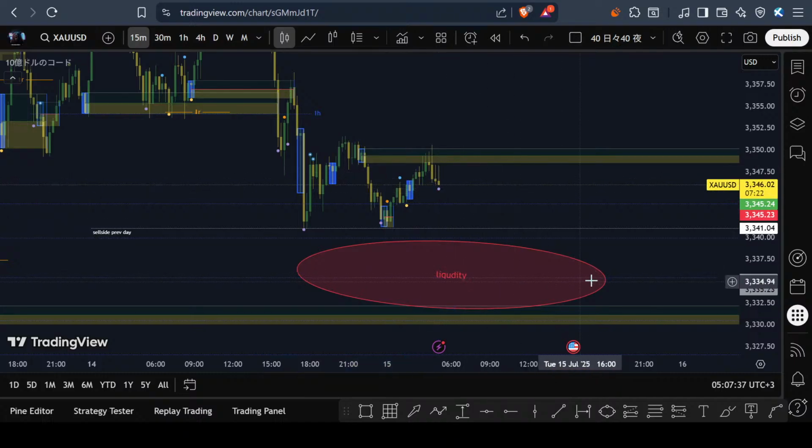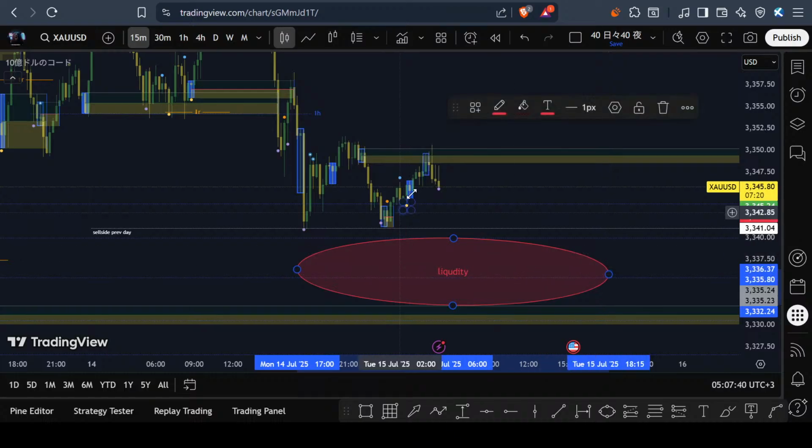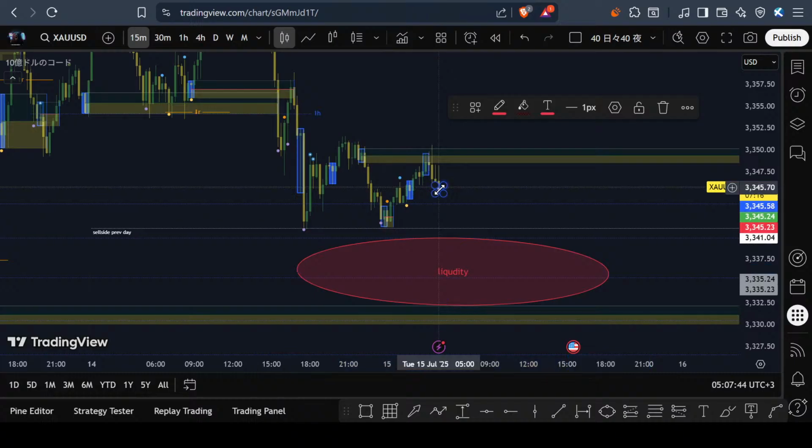Alright, this level here we're having so much liquidity, and as you can see, price is being pulled essentially to this place.